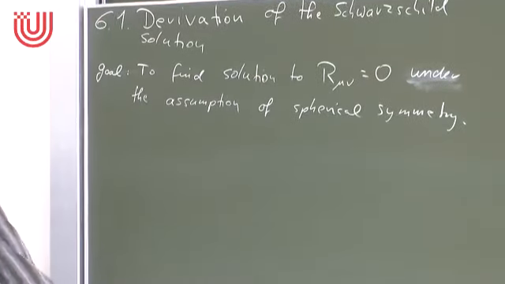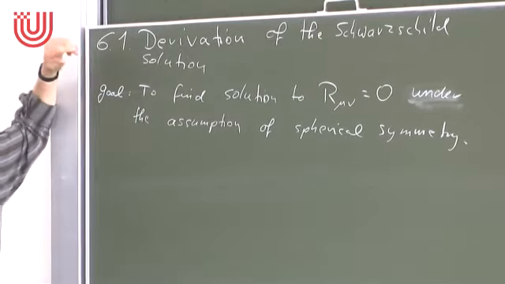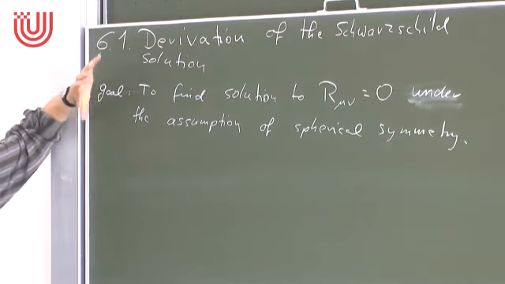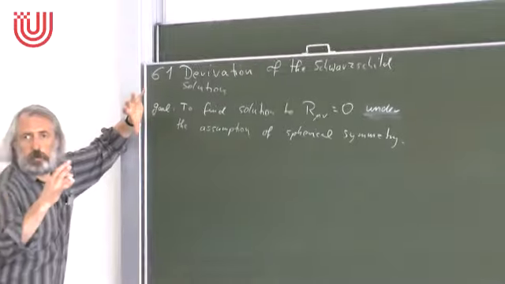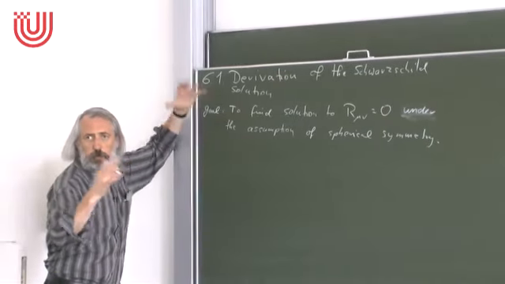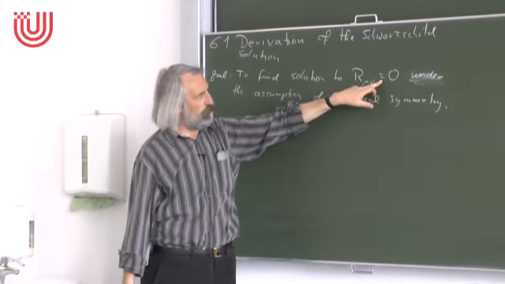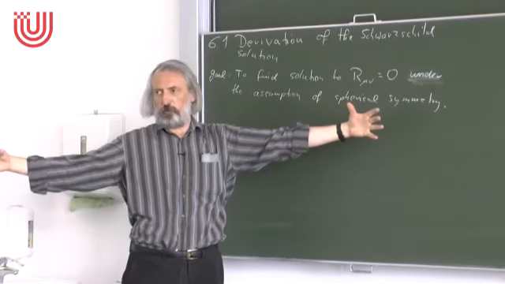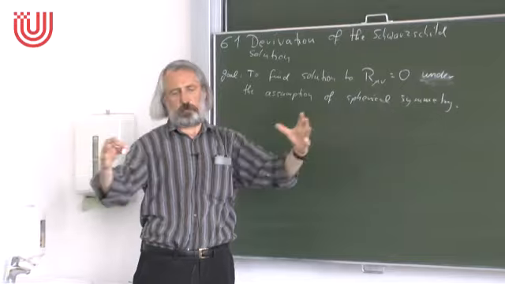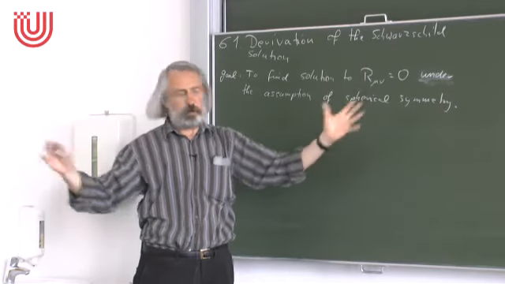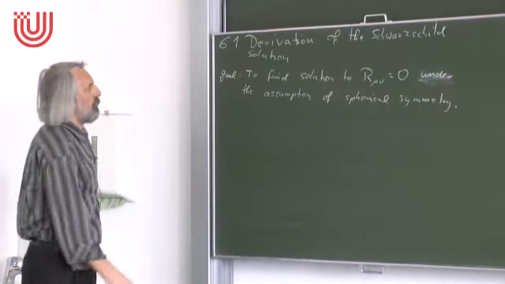And the physical situation we associate with this solution is, of course, that of a spherically symmetric body, which produces a gravitational field in its outside region. And as we are solving only the vacuum equation, we are only concerned with the outside region. We are not concerned with what happens inside the star, only the region outside where we have vacuum.